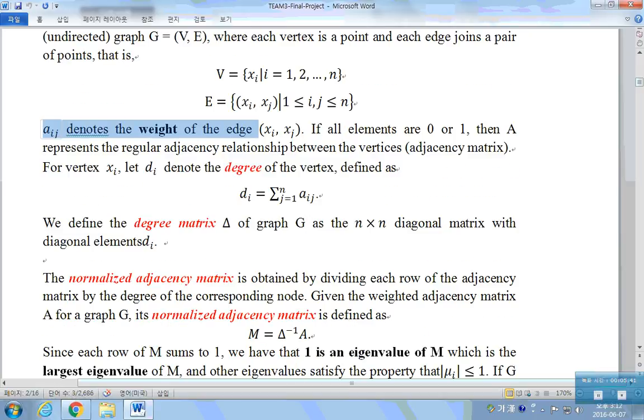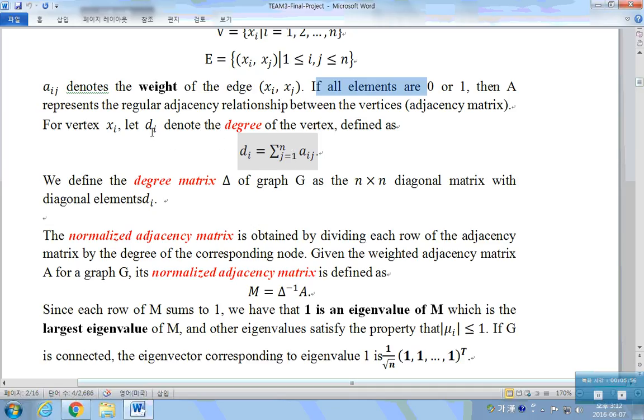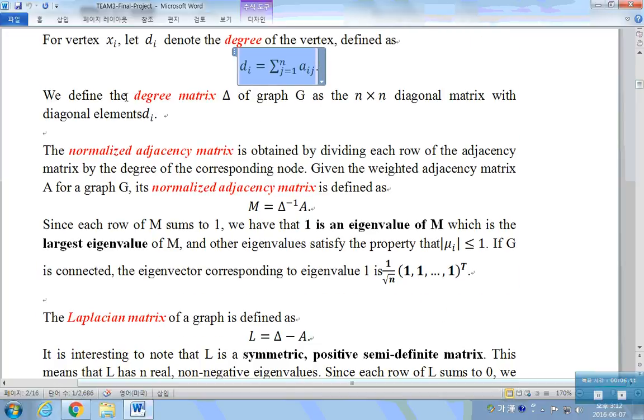If all elements are 0 or 1, then it is a regular adjacency matrix, which is what we learned in the graph concepts. We also have the same kind of definition for degree: d_i is the degree of vertex v_i, the summation of all the weights of its edges. And the degree matrix has the degrees as its diagonal elements.